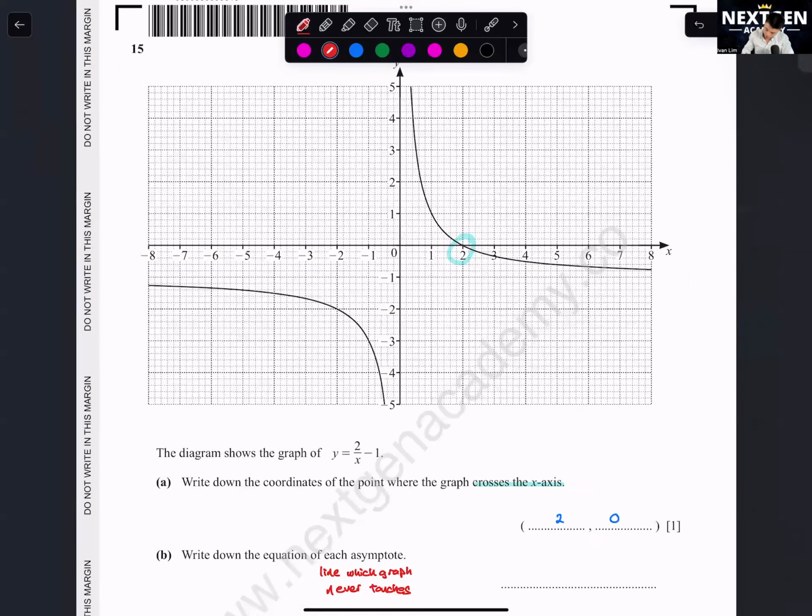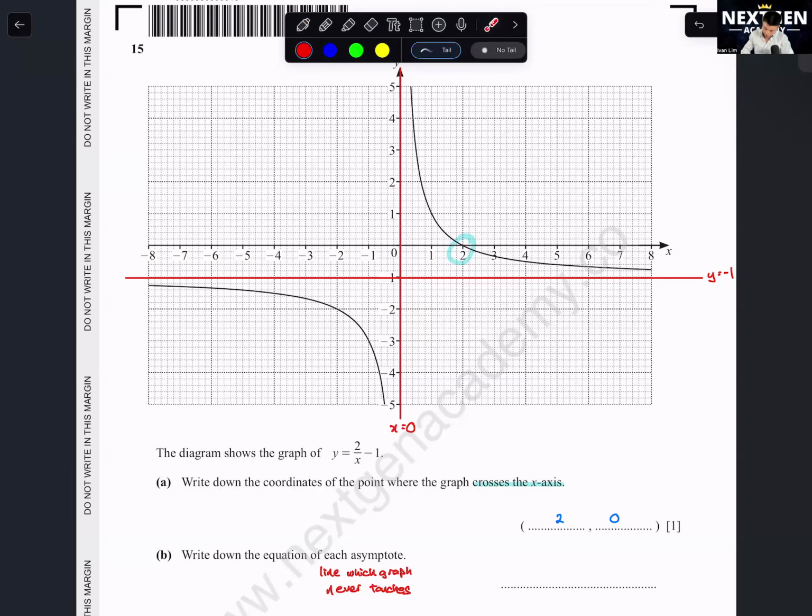The first line is here, which is y equals -1. The second line is here, x equals 0. This will occur in an inverse graph. You see, this is called an inverse.